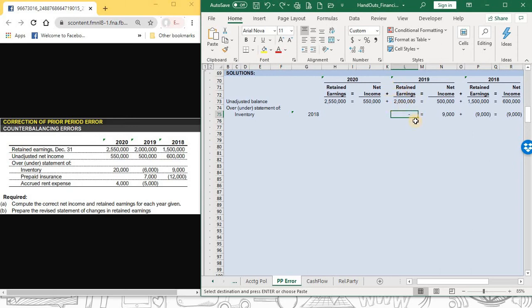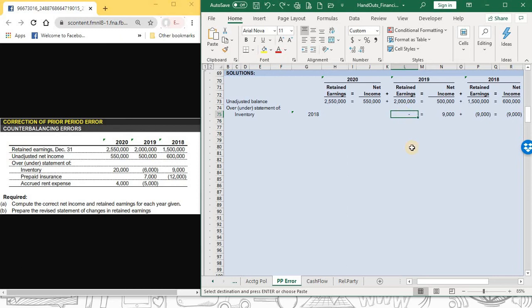So that is why the 9,000 is already corrected at the end of 2019. And another reason would be mathematically, based on this equation, negative 9,000 plus 9,000 is equal to 0. That is why the 2 million is already correct when it comes to the 9,000 prior period error.